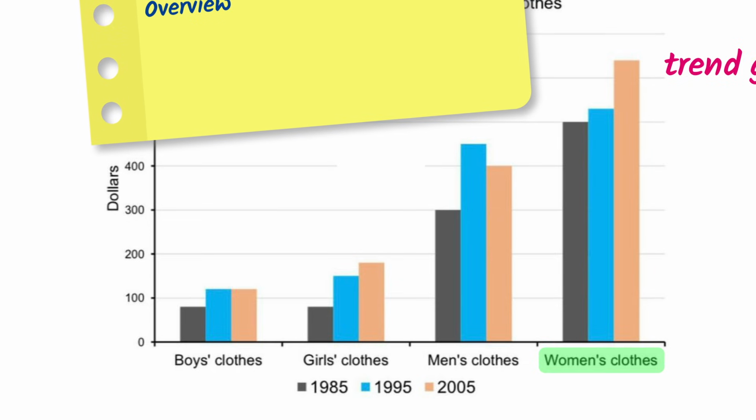And in the female category, it shows an increasing trend. You can see that there is an increasing trend in girls' and women's clothes. But for men, or for male, it shows a mixed trend. All right, so these are the specific features of this chart.